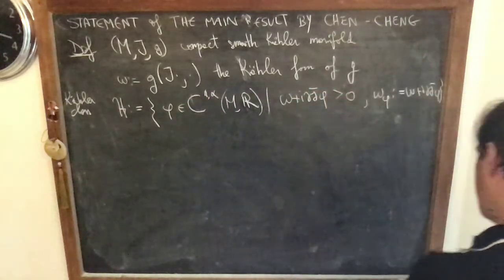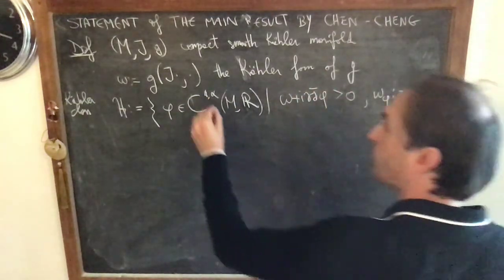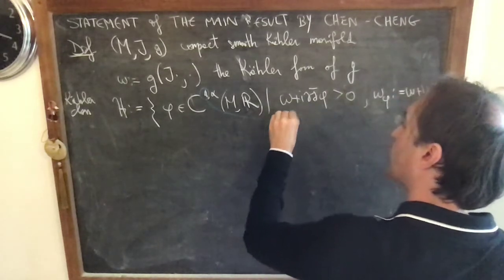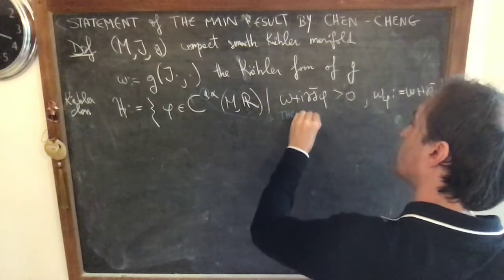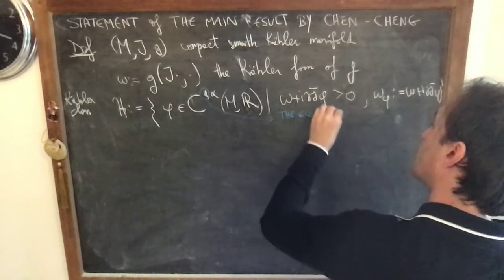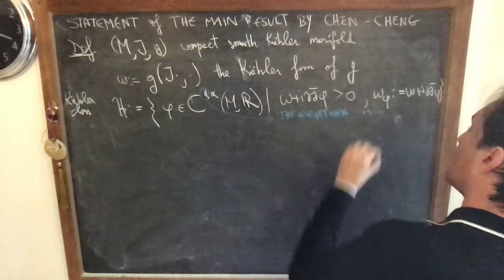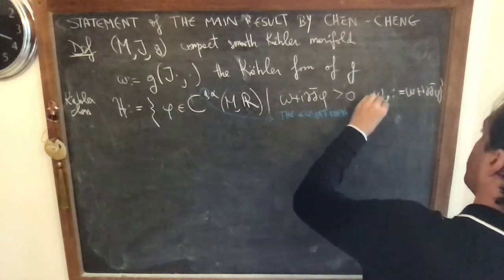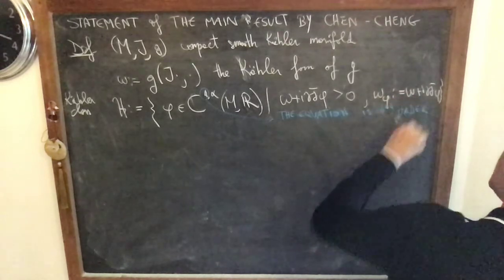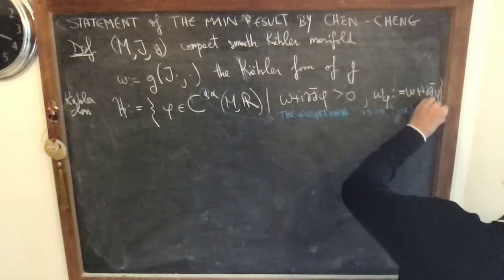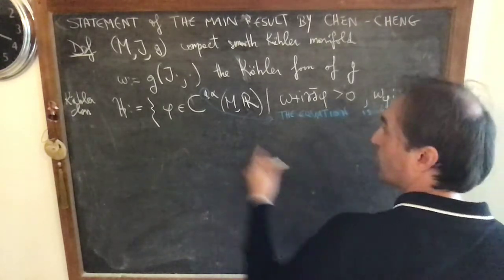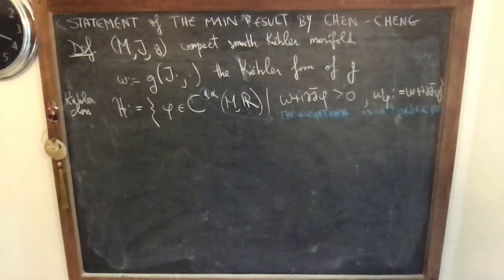Why the regularity 4,α? This is because the equation is a fourth order elliptic PDE, and this 4 here reflects that fact.